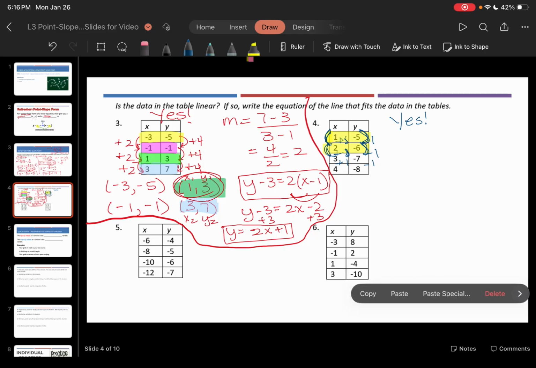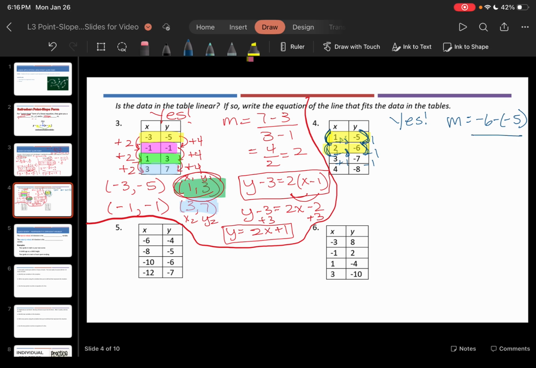So my slope is y2 minus y1, negative 6 minus negative 5 over x2 minus x1. So this becomes a positive. Negative 6 plus 5 is negative 1. 2 minus 1 is just 1. So this actually simplifies to negative 1.